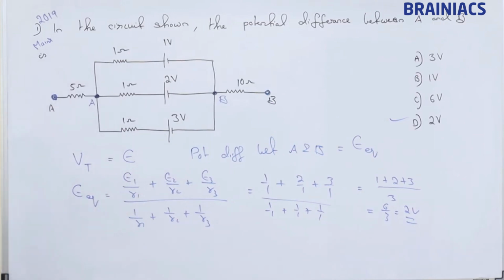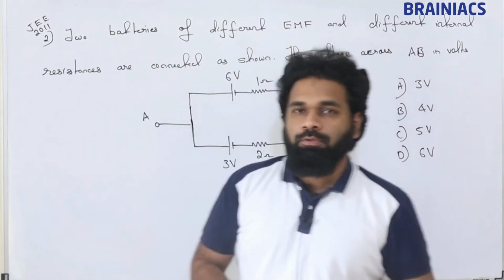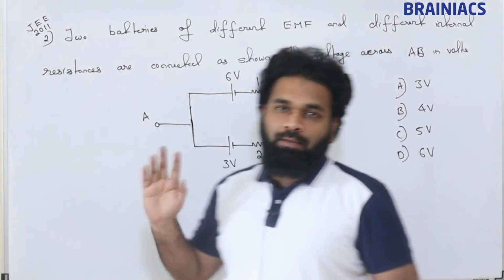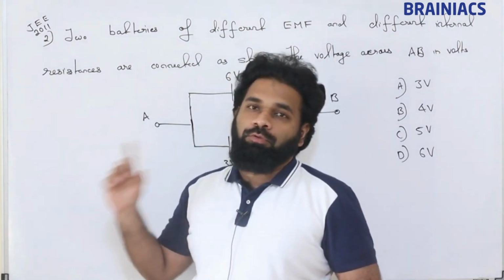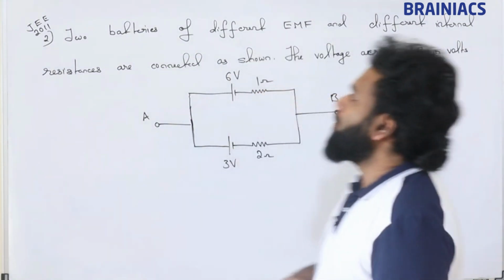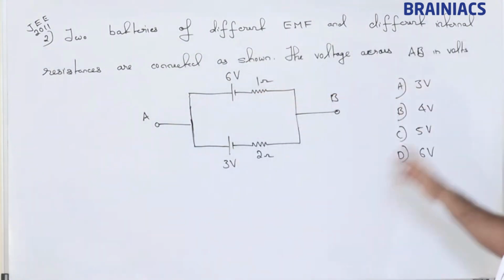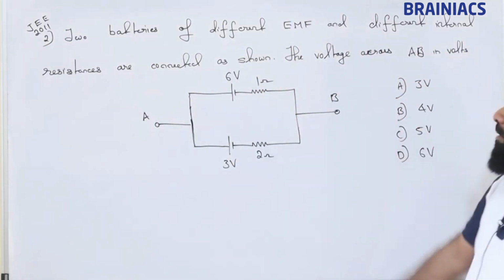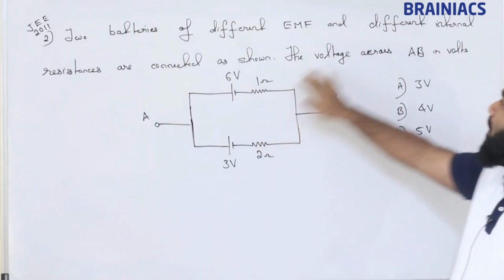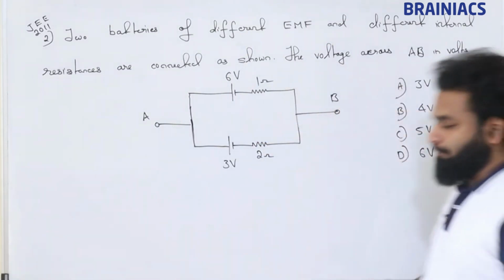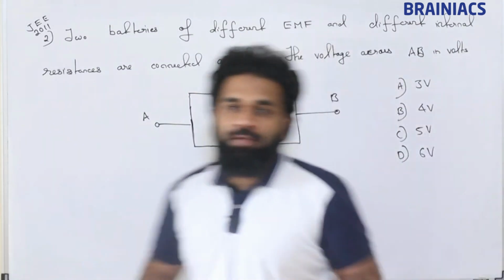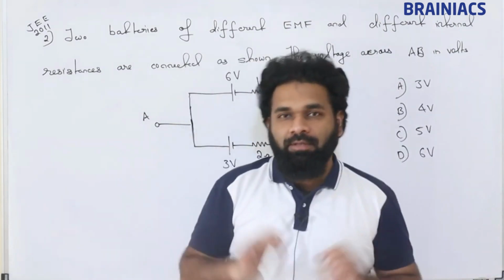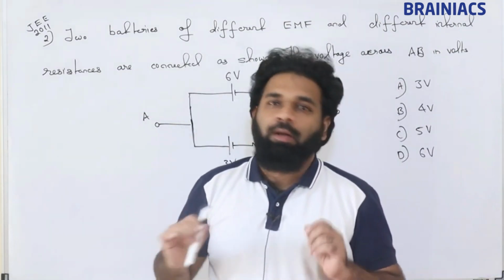So this is a 2019 JEE Mains question. Students, this is another question, again another JEE question, 2011. Two batteries of different EMFs and different internal resistances are connected as shown. The voltage across AB: no external resistance, so no current will be passing.